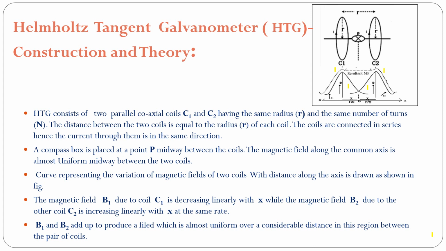B1 and B2 add up to produce a resultant magnetic field which is almost uniform over a distance QR in the region between the pair of coils.